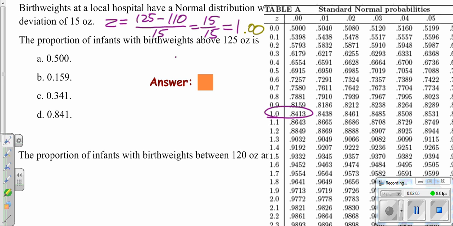So I get a 0.8413. That is what is less than my data value. But since I am looking for above, I need to then go 1 minus that value. And then in that case, I get approximately what this one here is. It's not exactly that, but it's the closest one that we have.